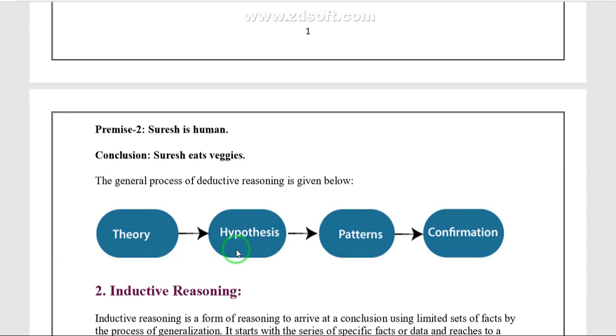Then we go to patterns, where we decide what designs and models are required. Then we go to confirmation, where we check whether the concluded statements are right or wrong. Okay, this is about deductive reasoning.